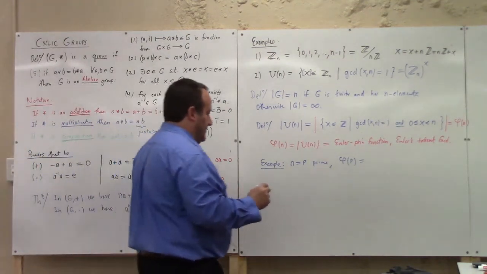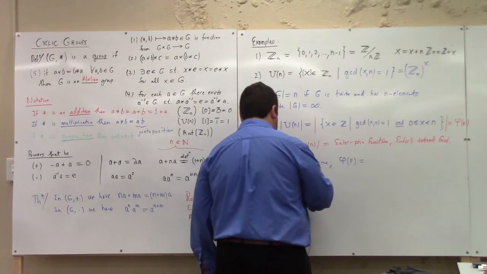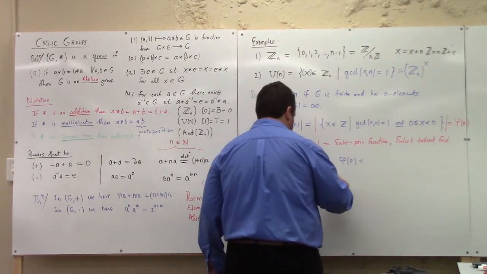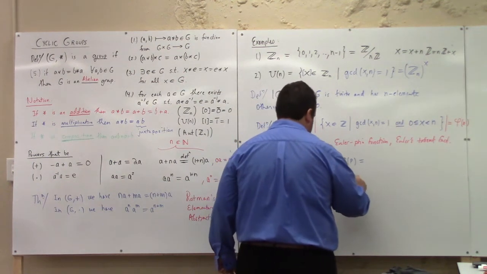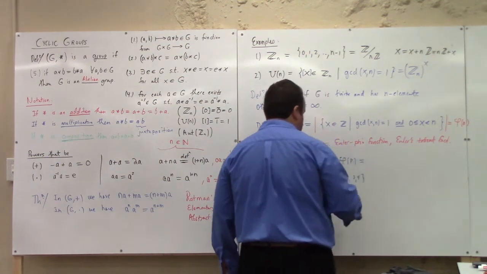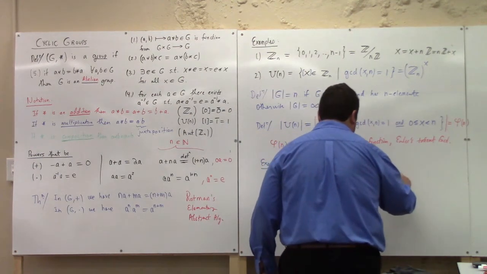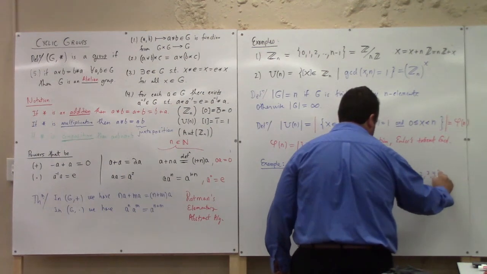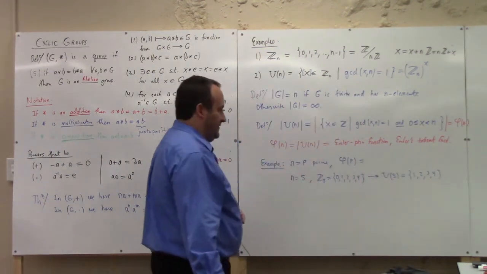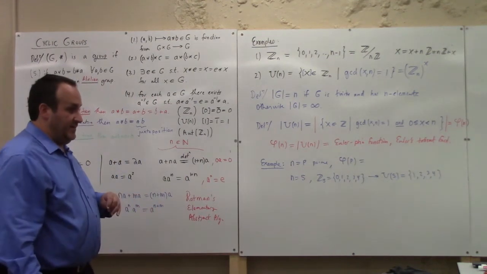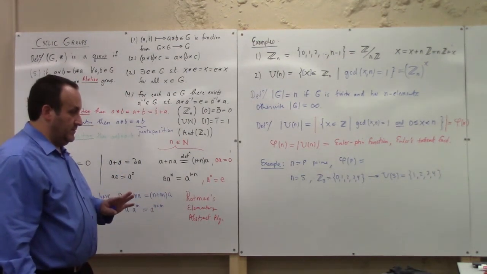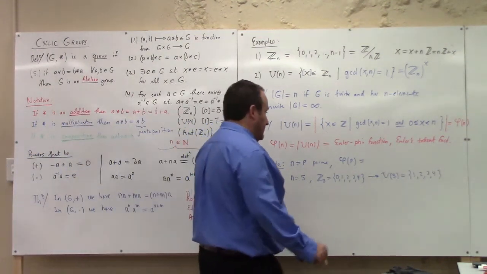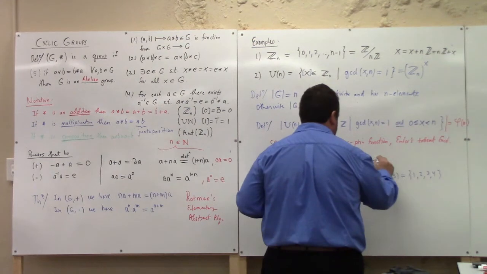Well, how about n equals, let's say, 5. So we'd be looking at Z5. It's got 0, 1, 2, 3, and 4. U5 has what? 1, 2, 3, and 4. It doesn't include 0. So Z5 is order 5, but U5 is order 4. So it's not p, it's p minus 1, because you lose 0.